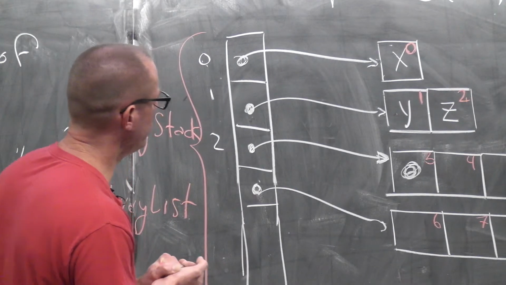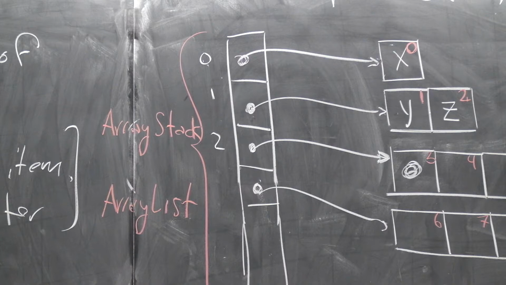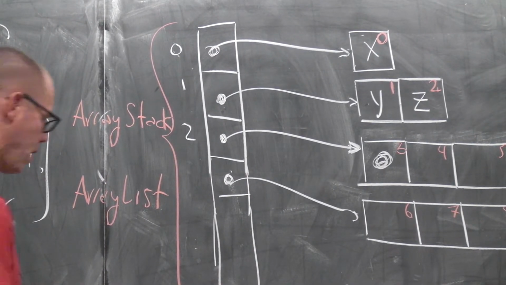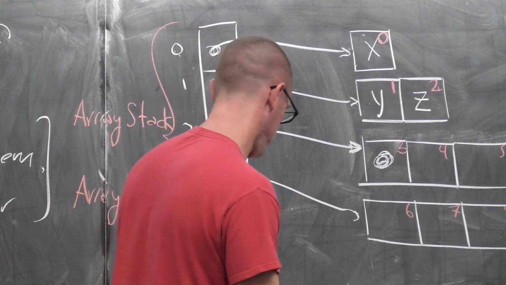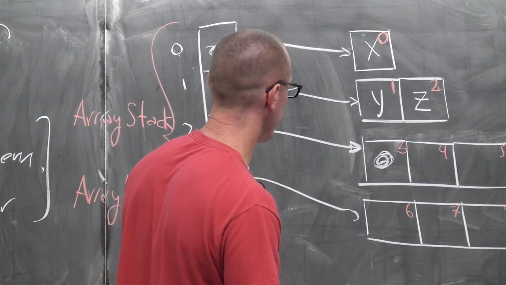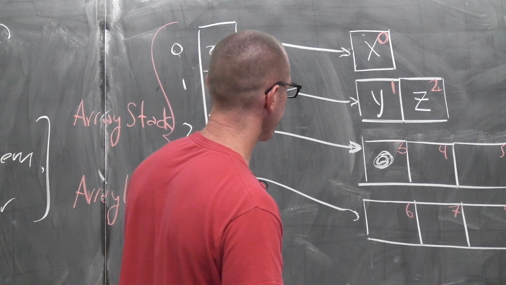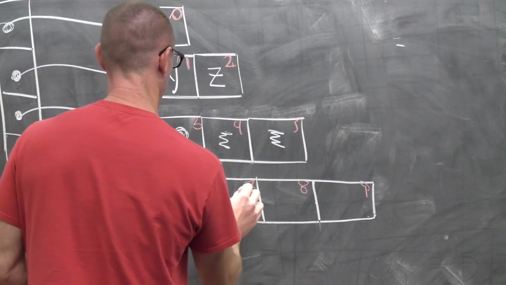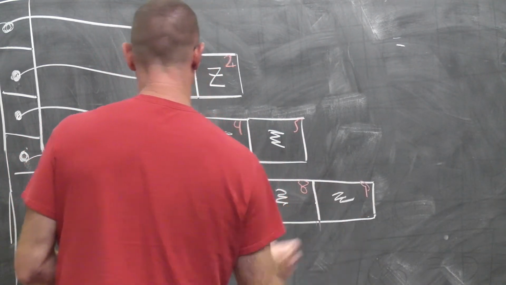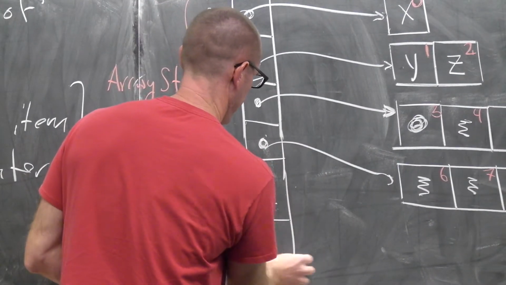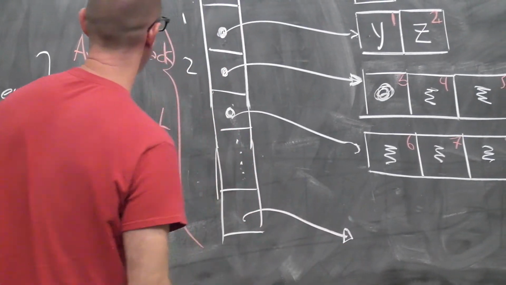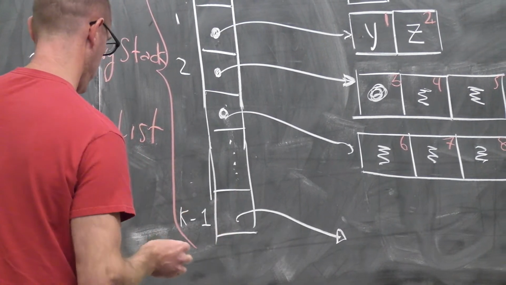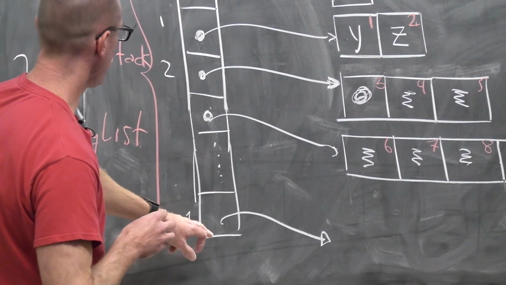First question. Let's say we're trying to figure out how wasteful this thing is. How much space are we wasting? We've added some stuff to this, been doing that for a while. So we are at the k minus 1 index here.